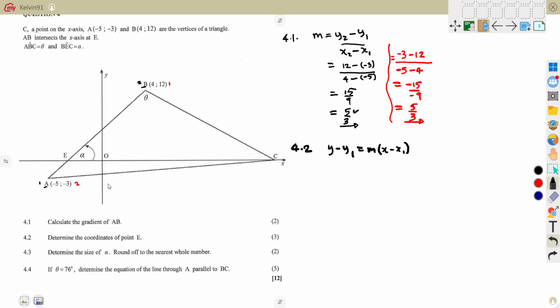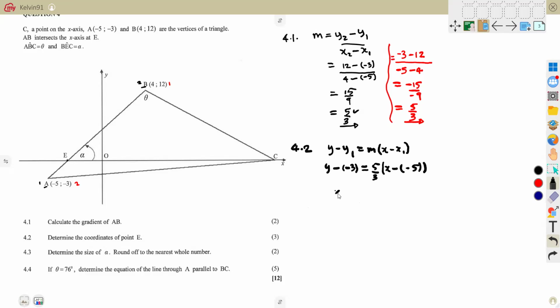So if we are to choose A, it means it's going to be y minus our y1, it's a negative 3, which is equal to m, which is equal to 5 over 3, open bracket, we have x minus 5 there. Now, we want what on this equation? We are told this is x-intercept.